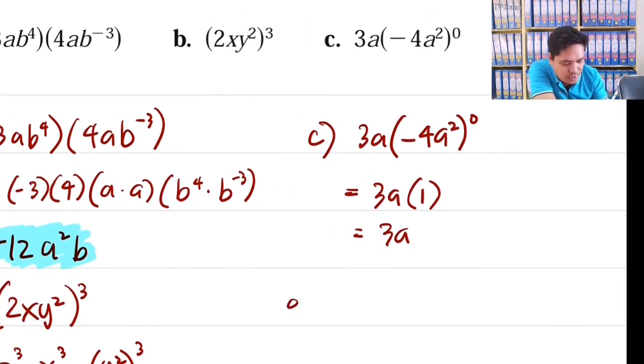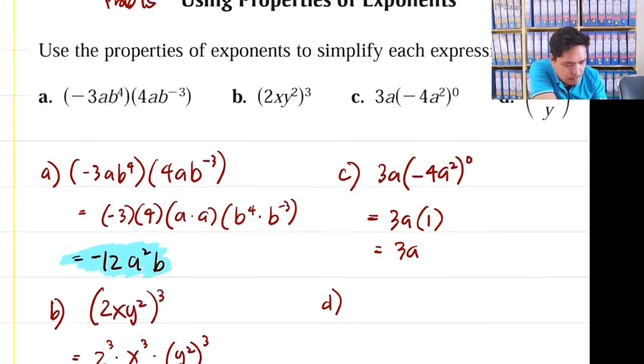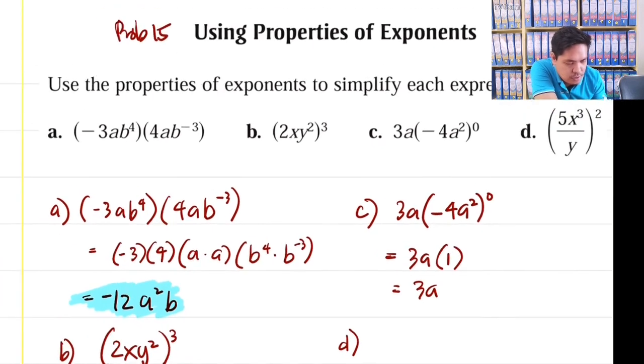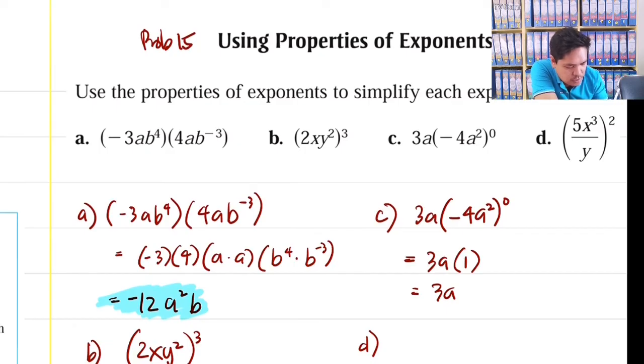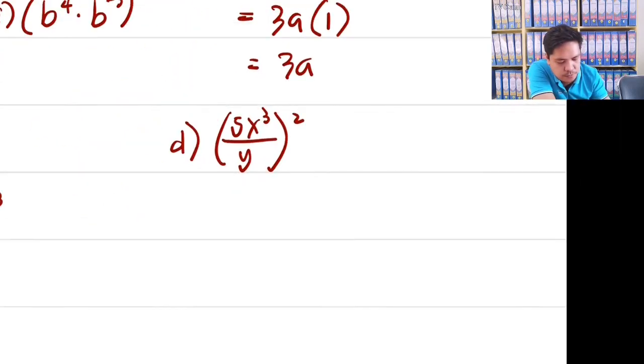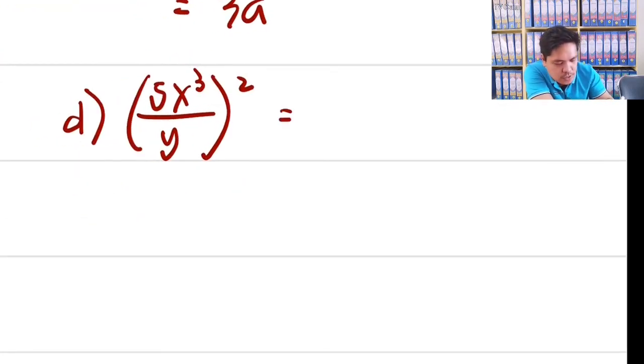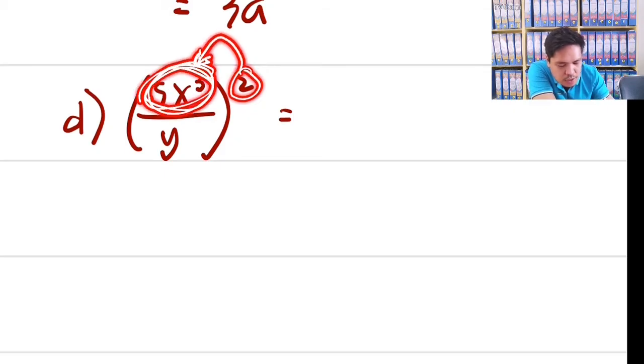So letter D. How about your letter D? The letter D is 5x cubed over y squared. So, balikan natin yung properties. Pag ganito, you just distribute. So, you distribute it like this. Kailangan i-distribute natin siya sa whole expression, 5x cubed.